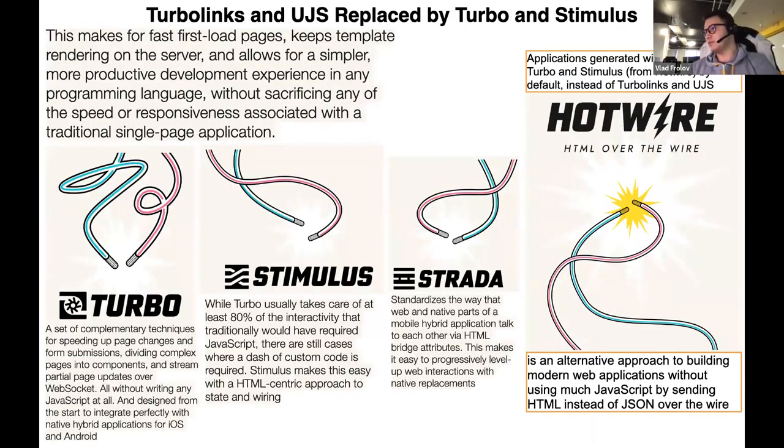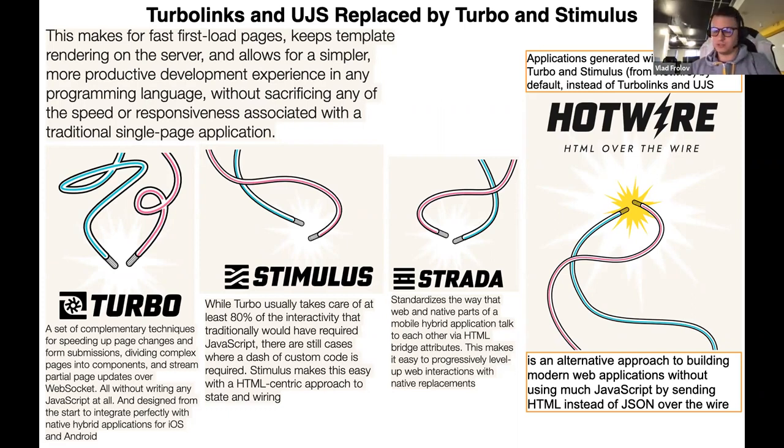Turbolinks and UJS are replaced by Turbo and Stimulus. That's really cool because now we have a new library. It's Hotwire, and it's an alternative approach to building modern web applications without using much JavaScript by sending HTML instead of JSON over the wire.